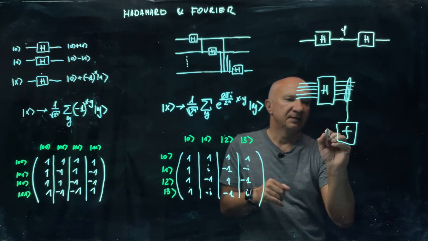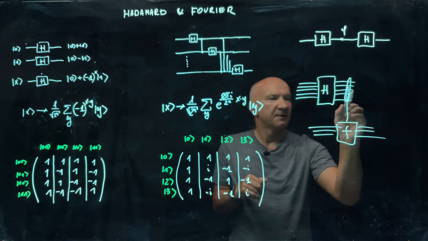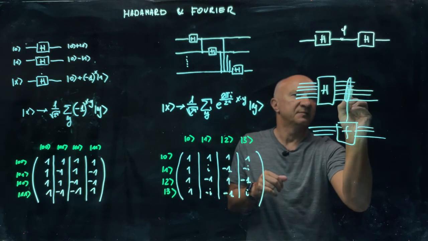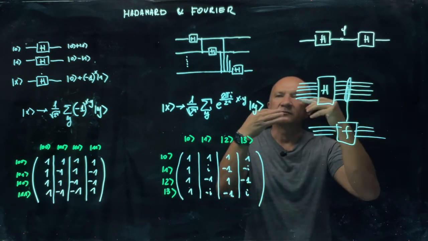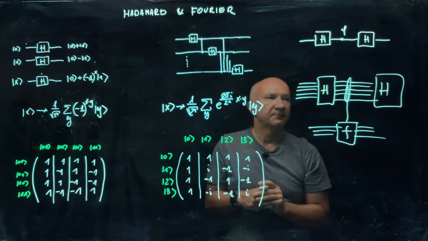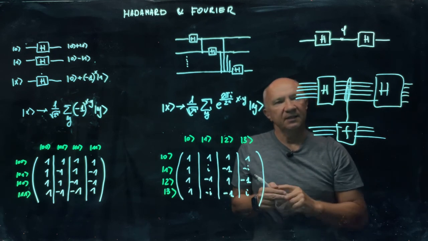For this I will need another register. We'll talk about this in a moment. But look at the first register, because that's really what matters here. And then I want to close quantum interference. So I'm going to have another Hadamard, and then we can do bit by bit measurement.